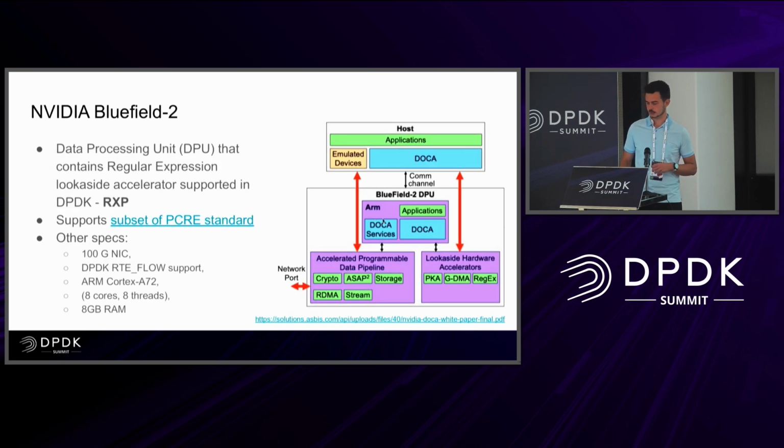BlueField-2 has ARM CPU cores and runs a separate operating system on the DPU itself. So that's where VectorScan and the Regex engine were running. Which version of VectorScan did you use? I think we tried the latest, but I don't really have the information. Just wanted to point out it's not ARM-specific VectorScan. It supports all architectures, including Intel and everything else.